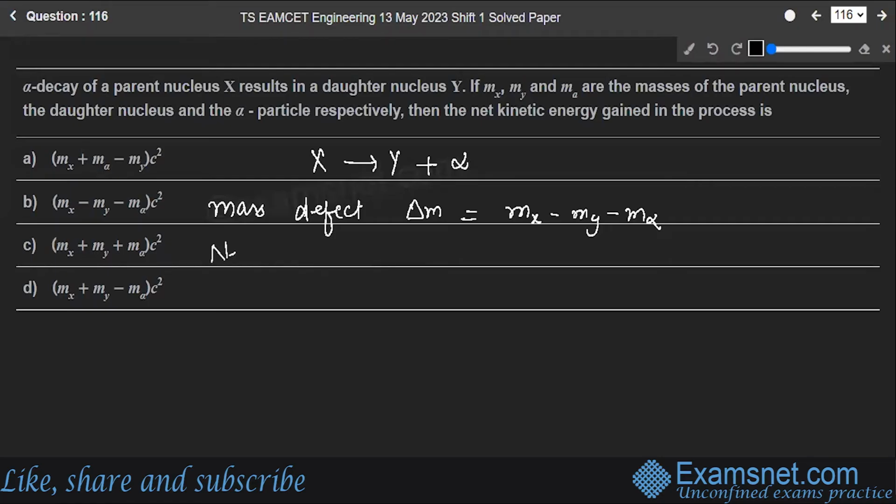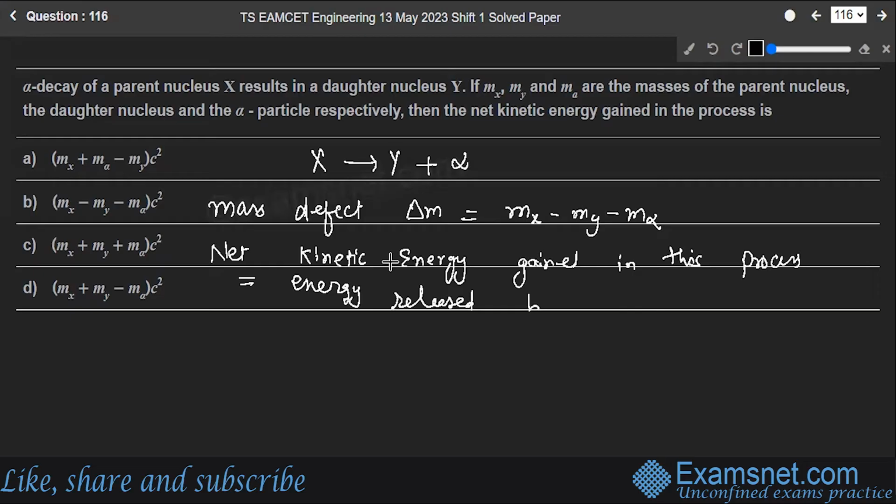So the net kinetic energy gained in this process is equal to the energy released in the nuclear reaction, right?